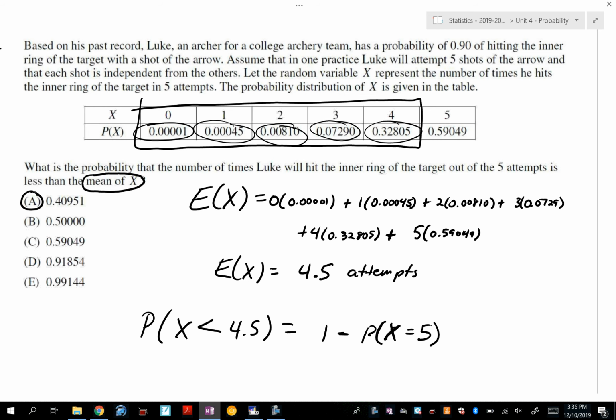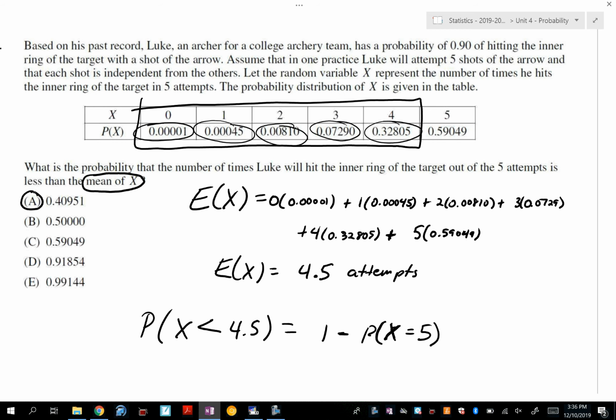Well, because it says less than the mean, so 5 is not less than 4.5. So it's all of the possible outcomes that are less than this number. Oh, we're talking about attempts. Yeah. Oh, never mind.